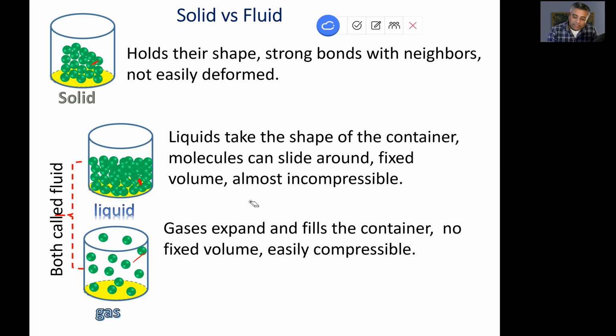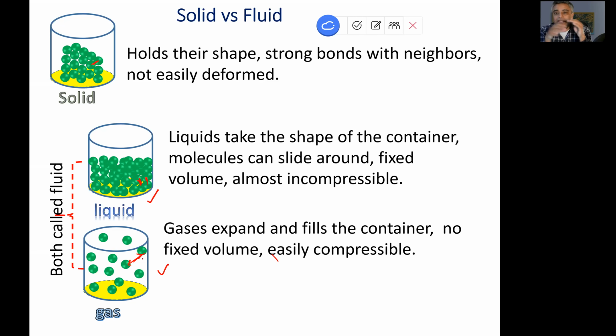One main difference between liquid and gas is that since the molecules in a liquid are already close together, we cannot push them any closer. So liquids are not that compressible. But since gas molecules are far apart, we can compress them and bring them closer.